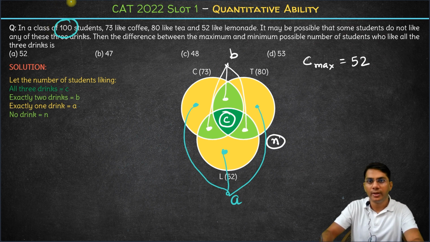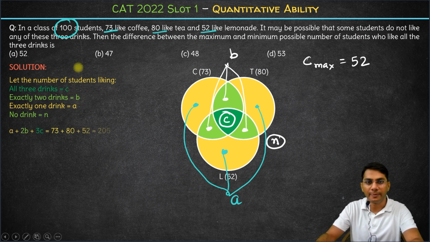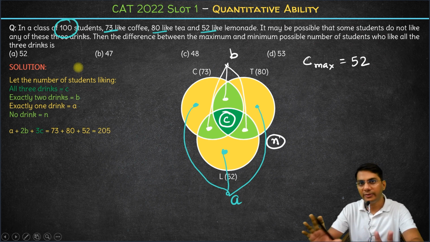So we know C plus B plus A plus N should be equal to 100. And also, if you add 73, 80 and 52, this will be equal to A plus twice of B plus thrice of C. We know this from the Venn diagram maximization minimization part, right?